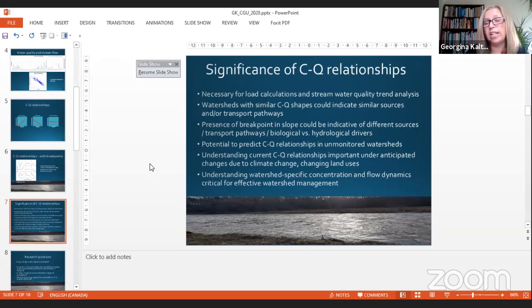For example, watersheds with similar CQ shapes could indicate similar sources and/or transport pathways. The presence of a breakpoint in slope could especially be enlightening, as it could be indicative of different sources or transport pathways between low flow and high flow. And having this detailed watershed concentration and flow specific knowledge is really essential for effective watershed management.